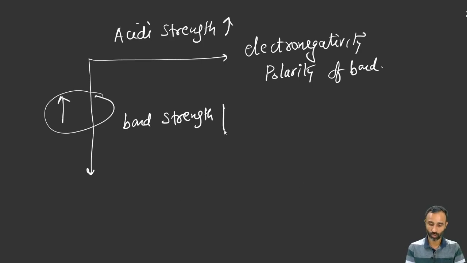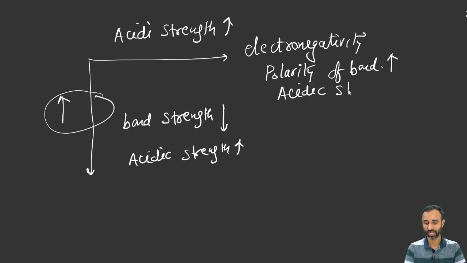Down the group bond strength decreases, that's why acidic strength increases. Along the period polarity of the bond increases, and that's why acidic strength increases. But it is true for hydrides only, so keep in mind.